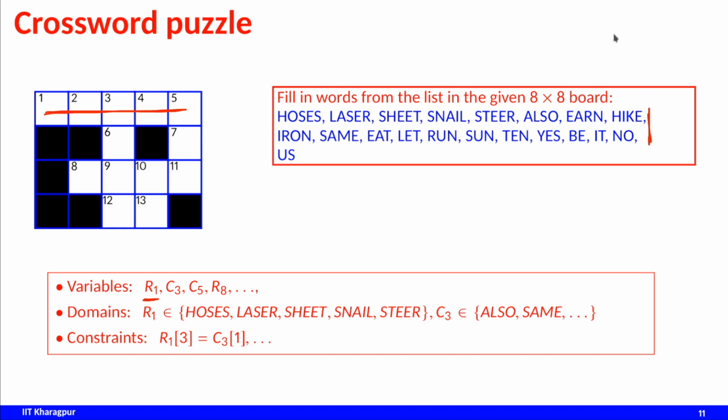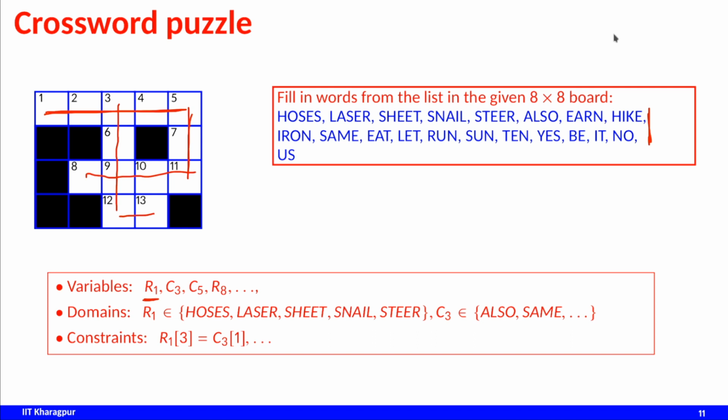Similarly, there can be another word c3. So c3 is a word which has only 4 characters. Similarly, and so on, I can have a word here, I can have a word here, and so on and so forth. So we can define the variables in this way.